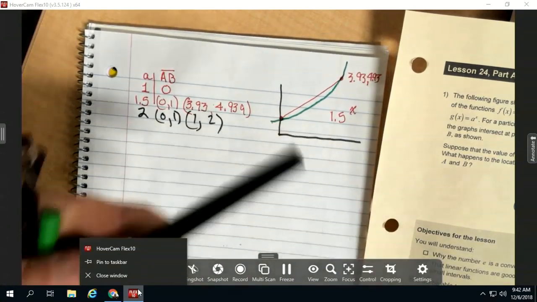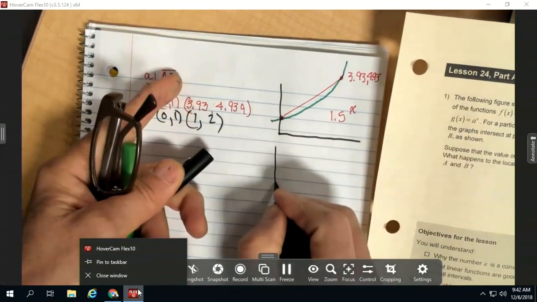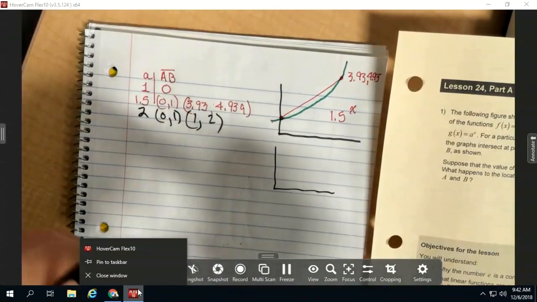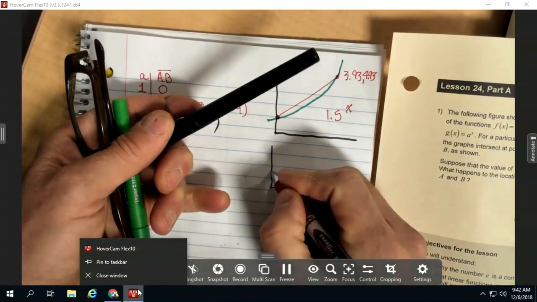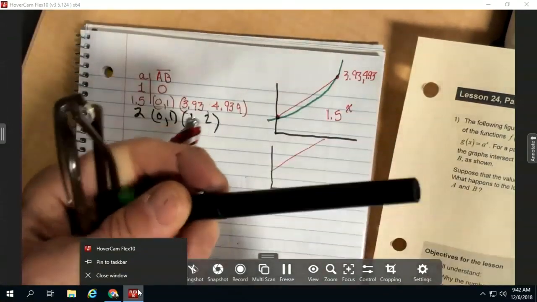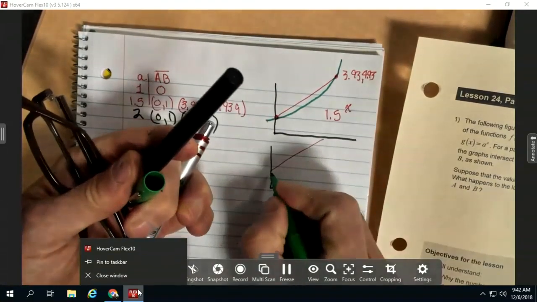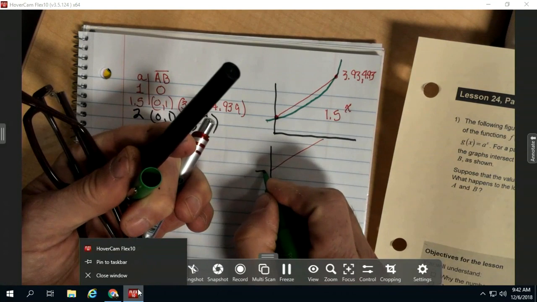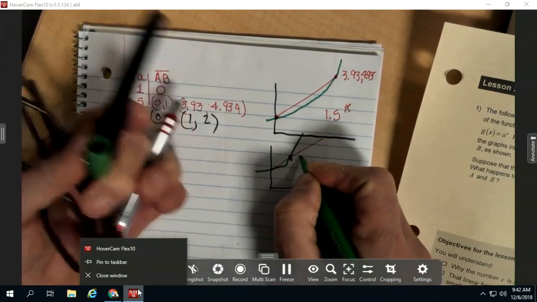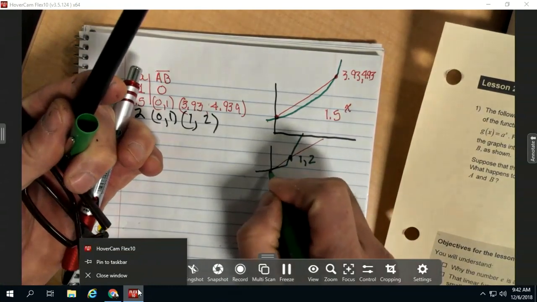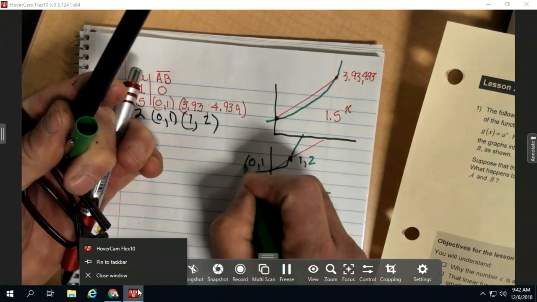So our line changed so that this line here got to be these 2 points much closer together. Over 1 up 2. This was over 0 up 1.